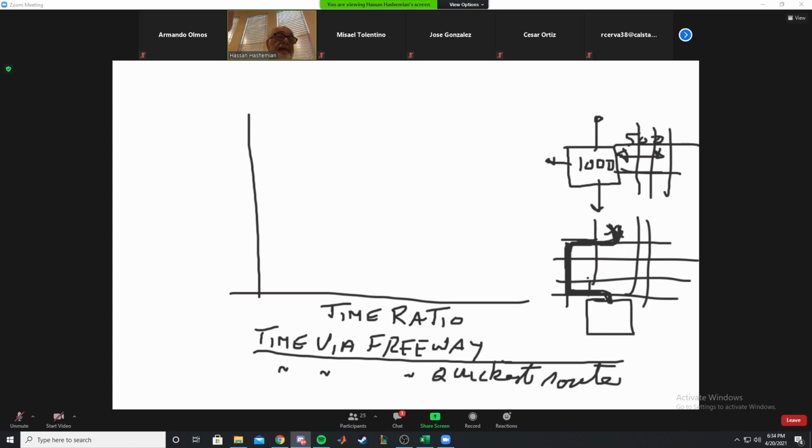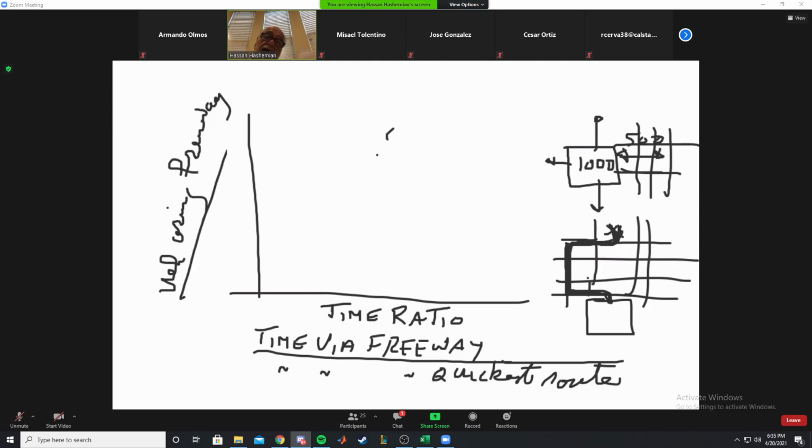And then here you get the number of vehicles using freeway over vehicles using all routes.